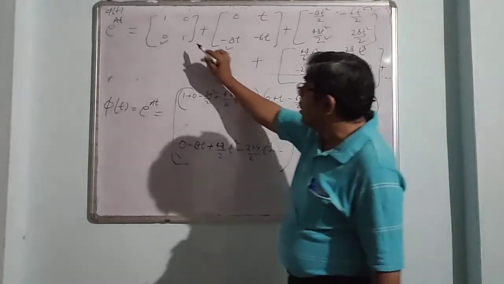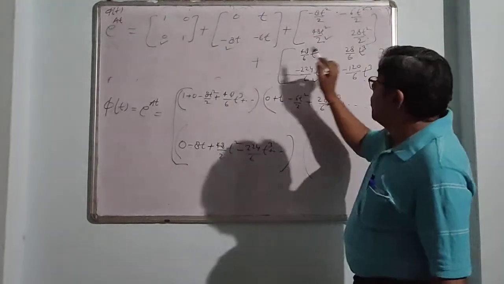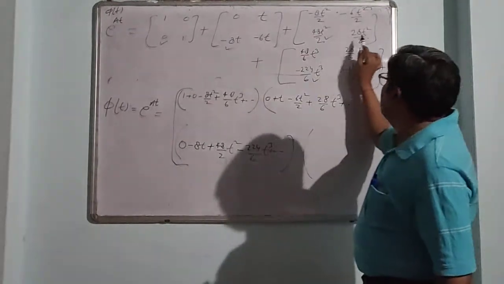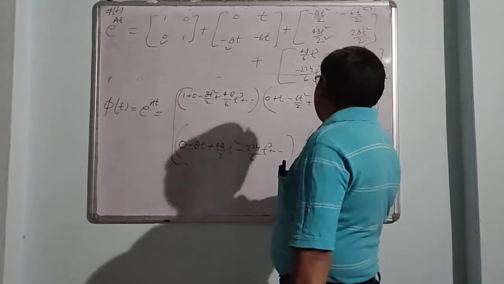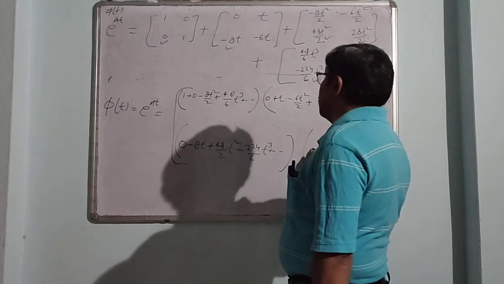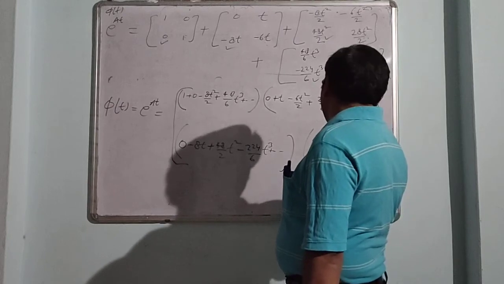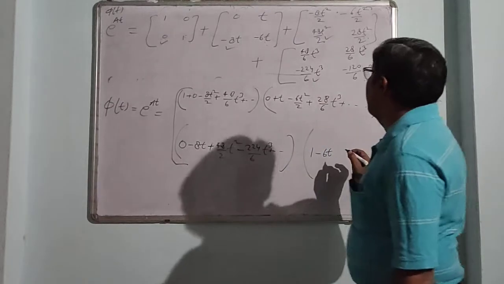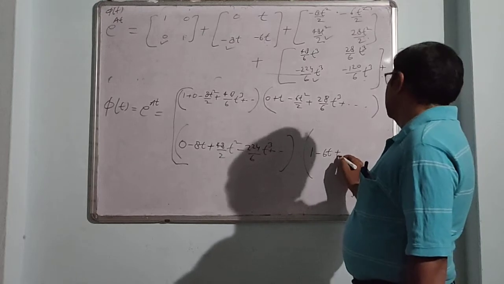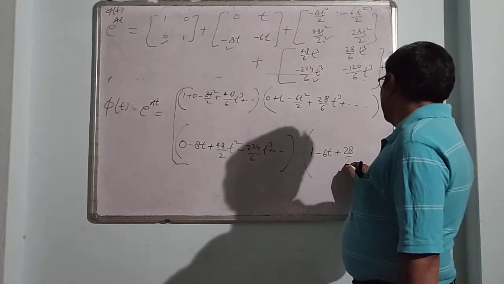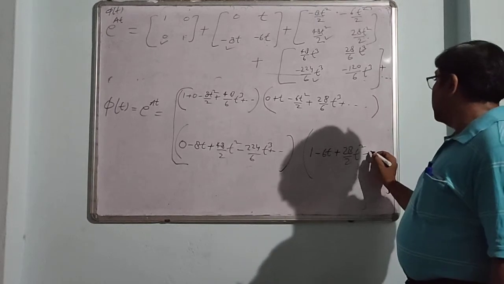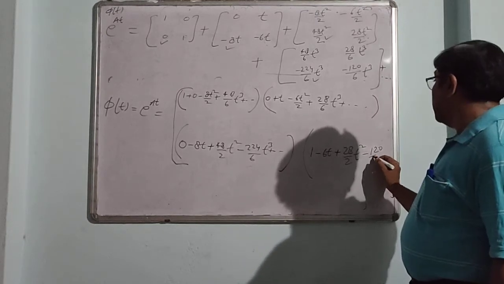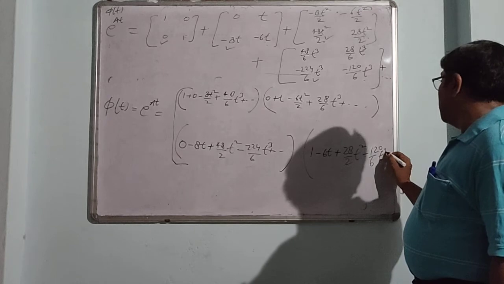So add all these terms, 1, 2, 3, 4, and further for other terms. So this is 1 minus 6t plus 28 upon 2 t square plus this one, that is minus 120 upon 6 t cube.